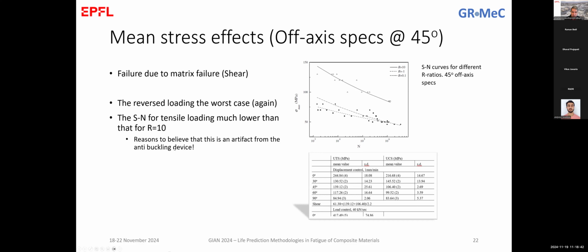And as we said before, there is a peculiar behavior for the R equal 10, but we have reasons to believe that this is an artifact from the anti-buckling device. This is what I mentioned already before, that we've seen that the anti-buckling device was confining the specimen more than what is needed and also causing a lot of temperature increase in the specimen during the testing.